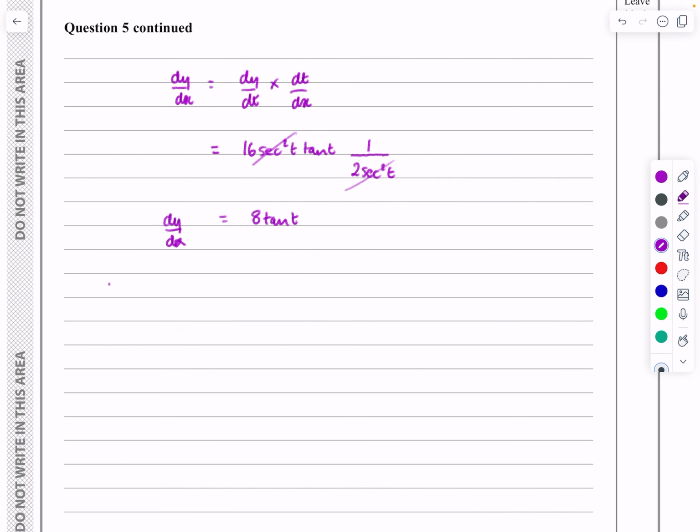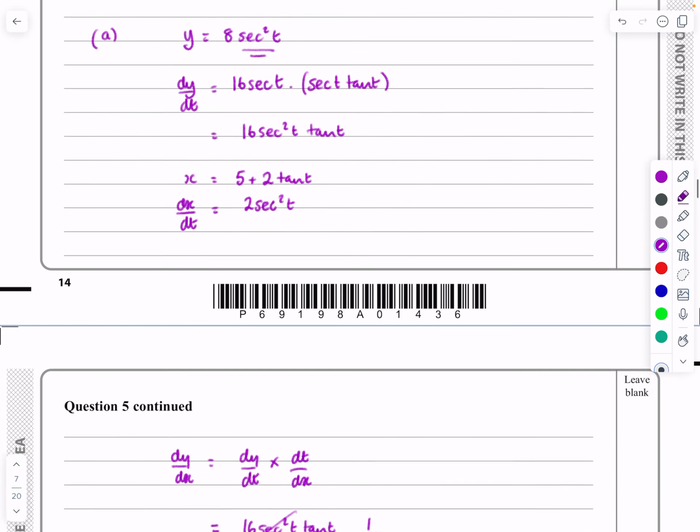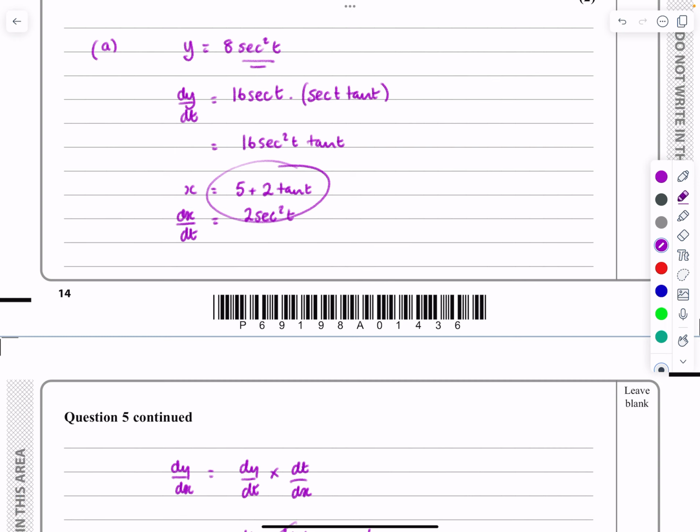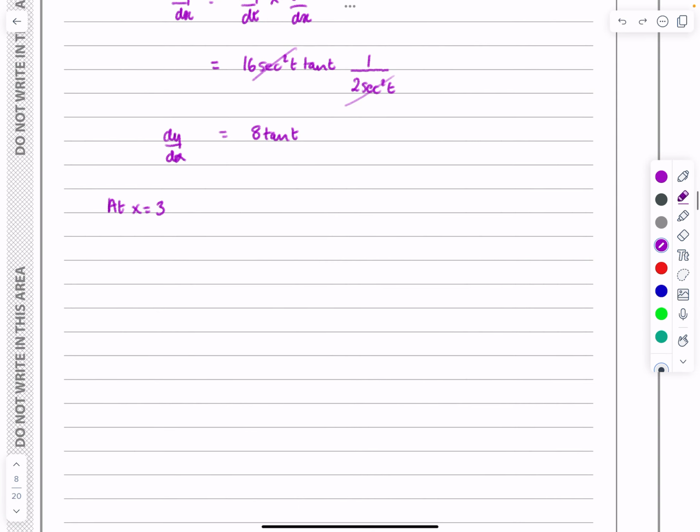So at x equals 3, well, let's go back and remind ourselves what x is. x is that thing. So at x equals 3, I get that 5 plus 2 tan t is equal to 3, which in other words gives me 2 tan t equals minus 2, tan t equals minus 1.